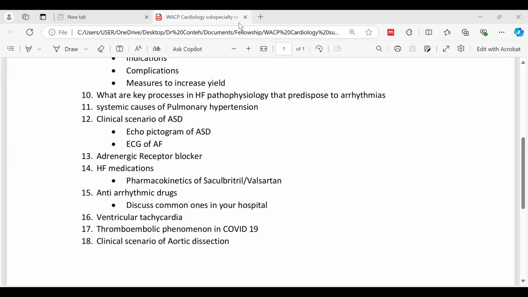I don't know if Chief Conte can, because the question involved me projecting some pictures. So if we can share, so that I can share my screen. Hello, Dr. Ojo, I did not get what you were saying. I said if you can share so that I can share my screen. My question involved me projecting some pictures. All right.